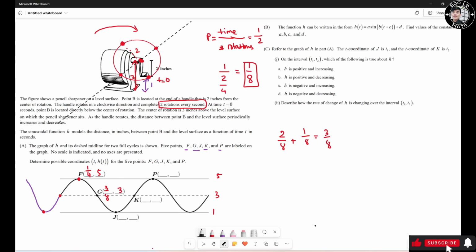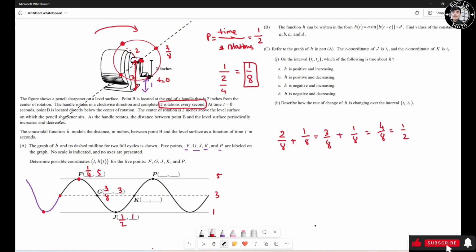If the handle goes over here and this is the lowest point, the height is 1. Now time here is 3/8, and right here you keep adding 1/8, so it could be 4/8, so it could be 1/2. So this point should be 1/2.